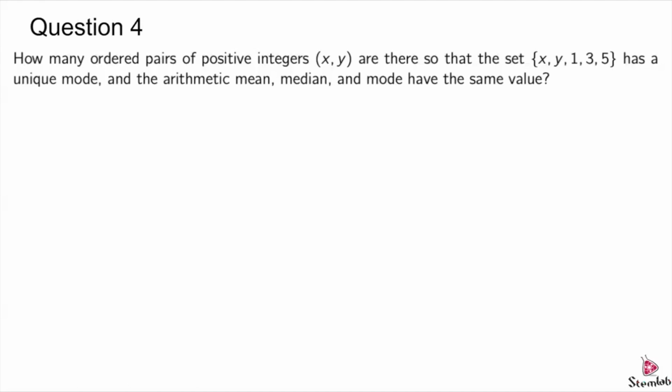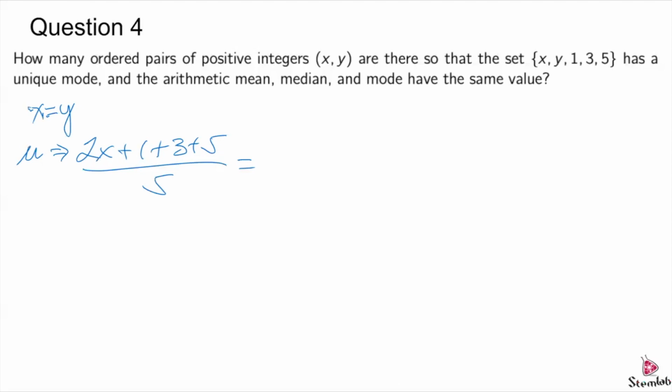Some of you might be able to eyeball this, but let's go through it rigorously. When x equals y, the mean will be (2x + 1 + 3 + 5) over 5, and that should be equal to the mode.